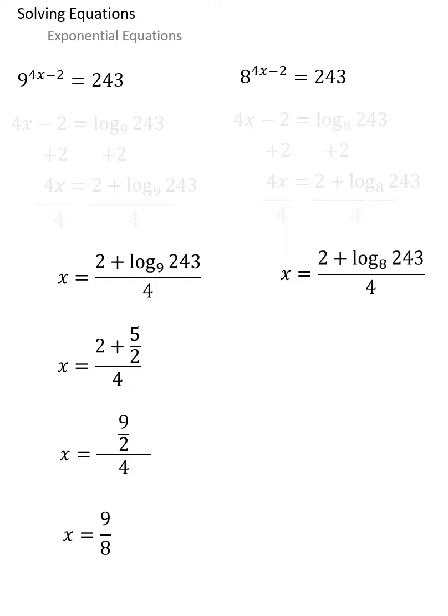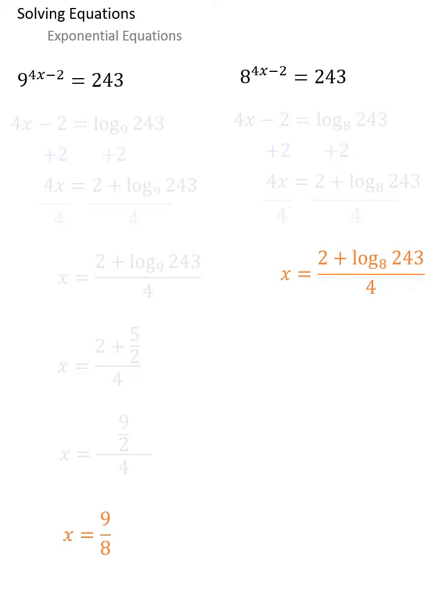So what we see in this case is that two problems that look almost identical have very different looking answers because of the numbers that were in them. And so always be on the lookout in logarithmic and exponential situations for whether two numbers are a power of the same thing. The fact that 9 and 243 were both powers of 3 was critical for our ability to simplify the problem on the left.